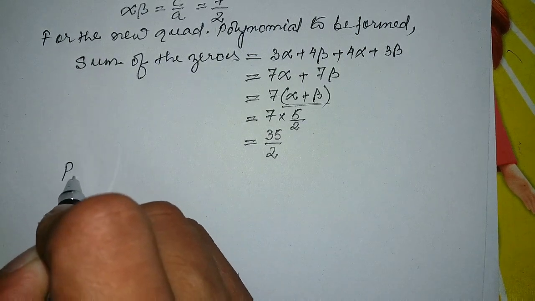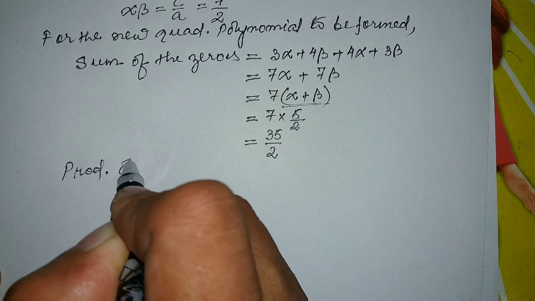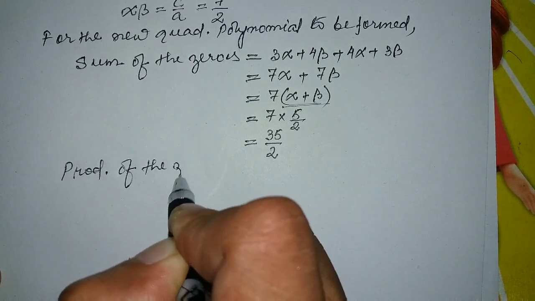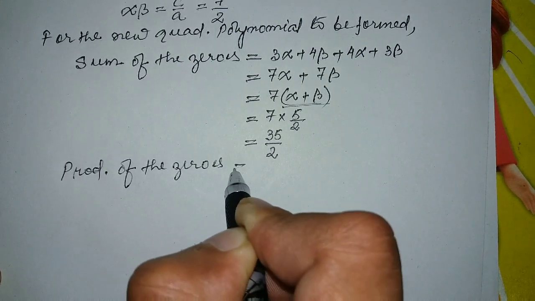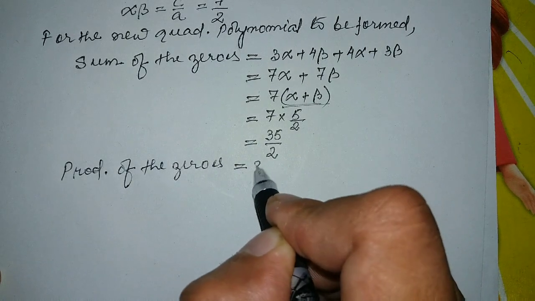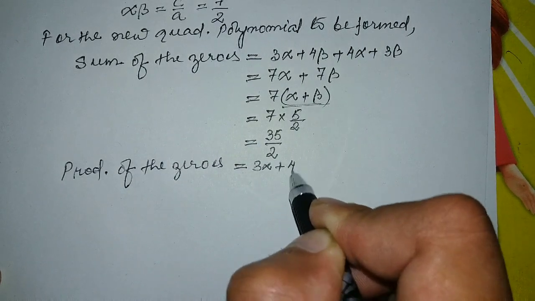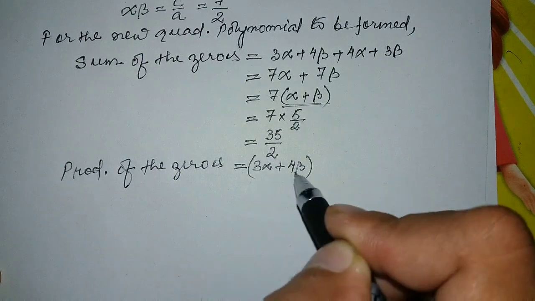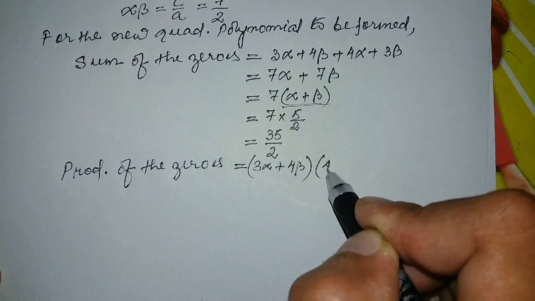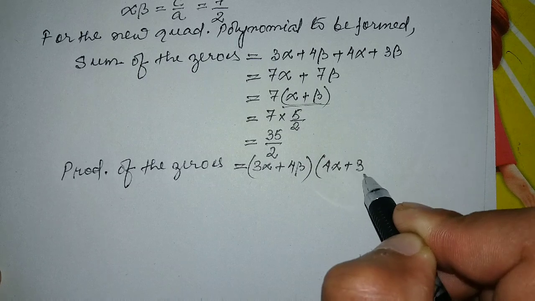Product of the zeros is equal to 3 alpha plus 4 beta into 4 alpha plus 3 beta.